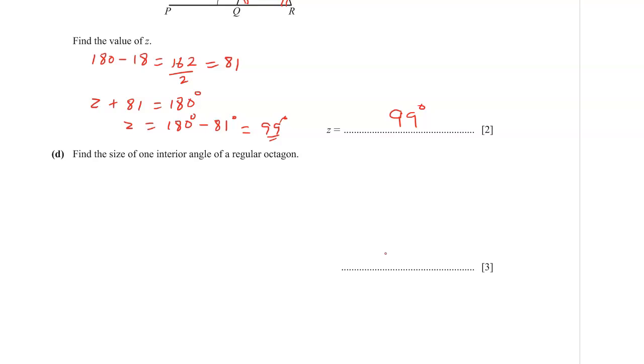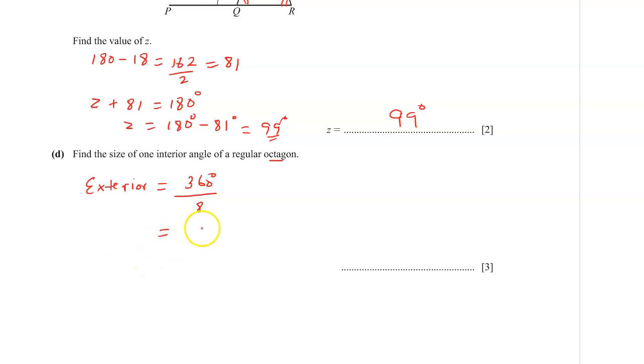Find the size of one interior angle of a regular octagon. Octa, 8. An octagon has got 8 sides. Therefore, the exterior angles add up to 360 degrees, so each exterior angle is 360 degrees divided by the number of sides, which is 8.